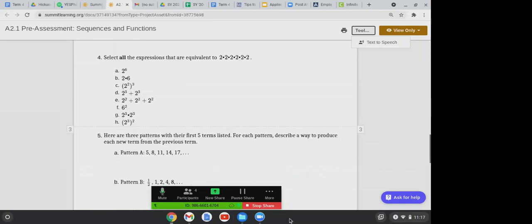So, that was cool. So our review happened. I'm going to stop my share. On Thursday, we're going to move into the lesson. And again, we are going to start with patterns. We are going to start talking about sequences and the 2 different sequences that may occur.